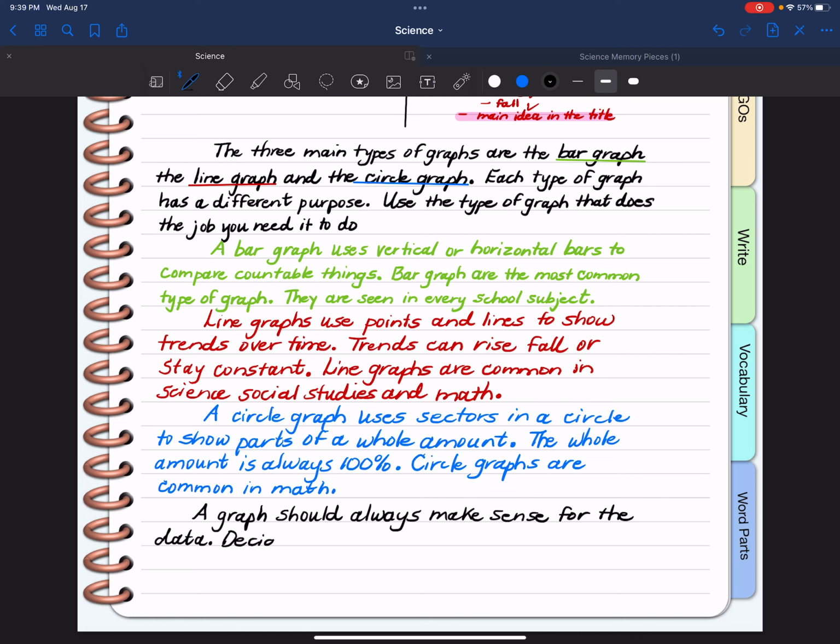Decide the purpose of the graph before drawing it.